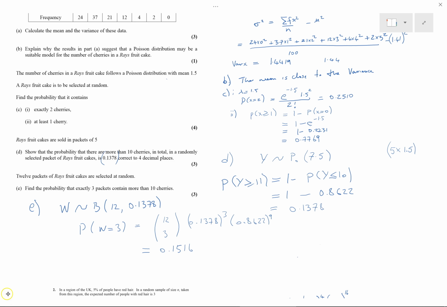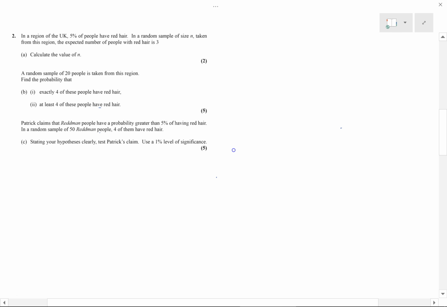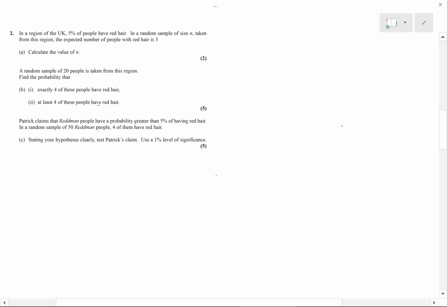Let's get on to the second question. Okay, so it looks like another binomial or maybe significance testing question here. It says 5% of people have red hair, and in a random sample of n, we know that the expected number is 3. Well, the one thing about the mean is that np is equal to the mean, or E(X) is equal to np for the binomial.